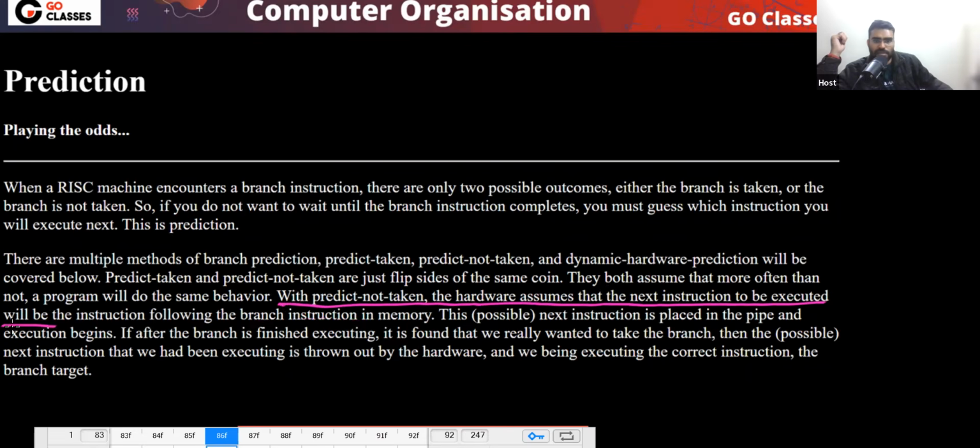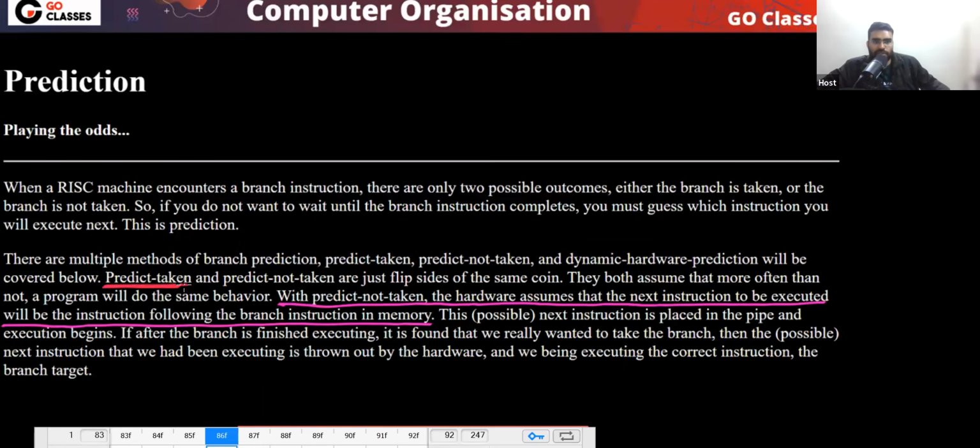Clear? And in predict taken, what do we do?